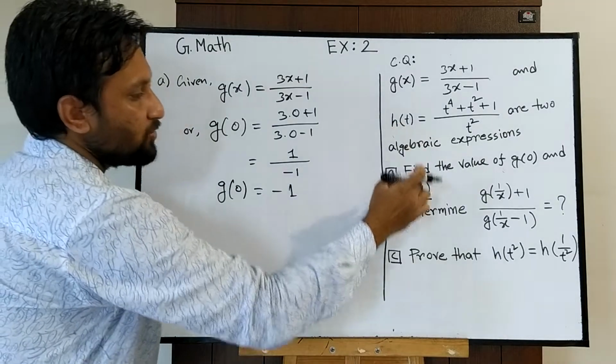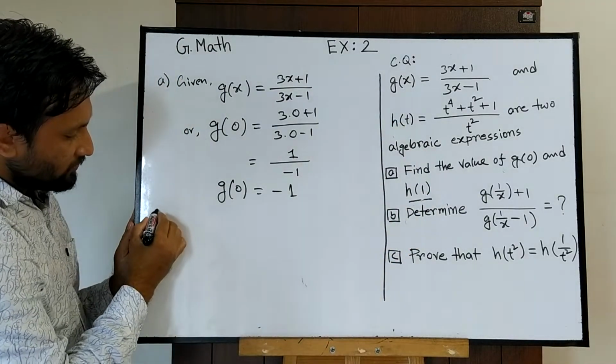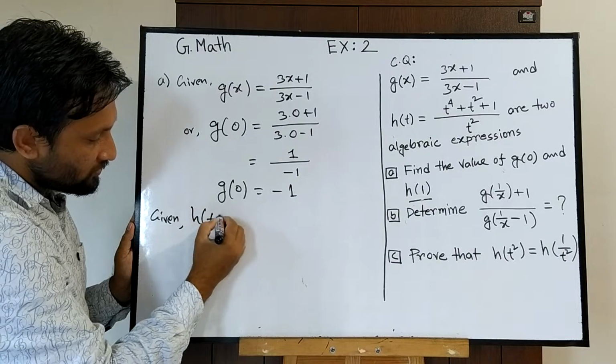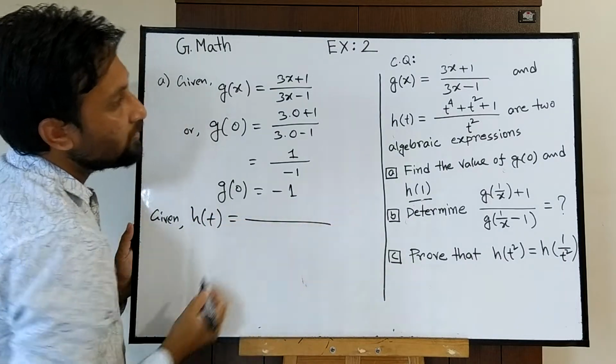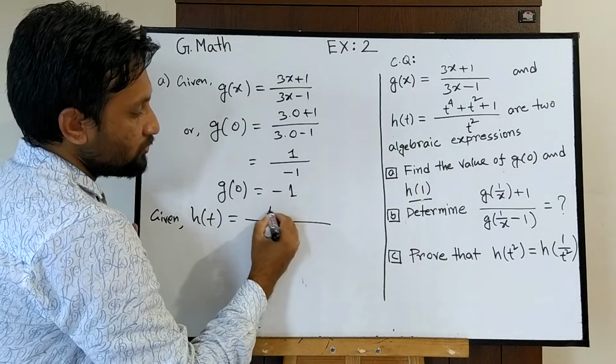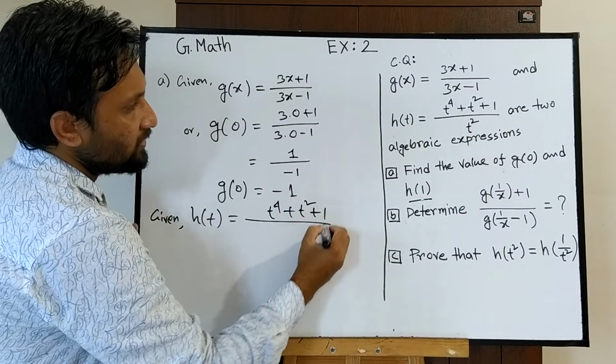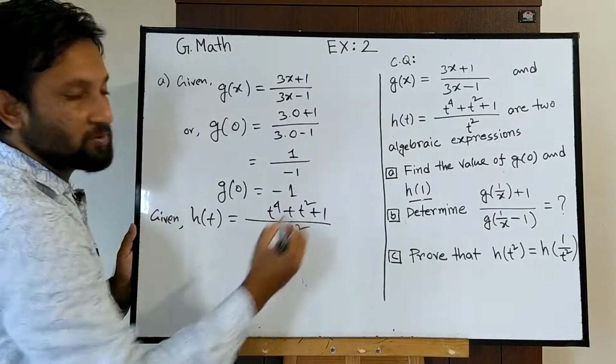Now h of 1. Given h of t equals (t to the power 4 plus t square plus 1) divided by t square.